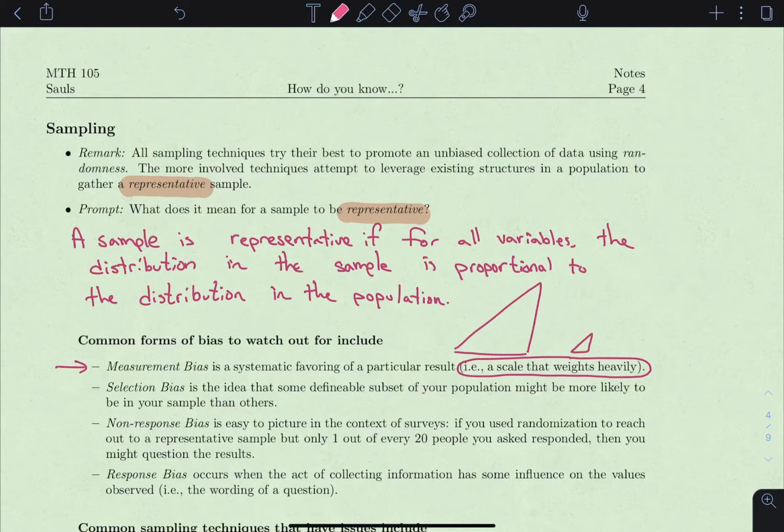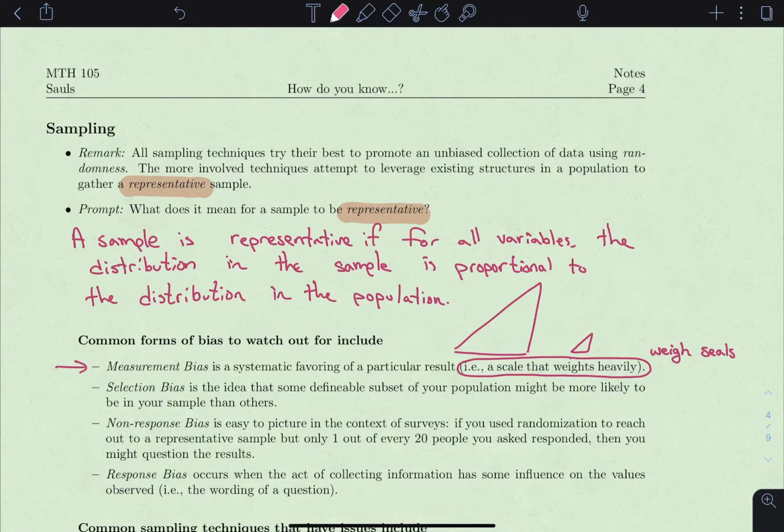If you're trying to weigh seals, but you always weigh heavy, then you are going to produce a biased average weight of seals. It's not because of a personality thing. It's just a type of bias in your collection of data. So it's important to keep that separation in mind between the way bias is used in everyday language and how it's used in this more statistical fashion.